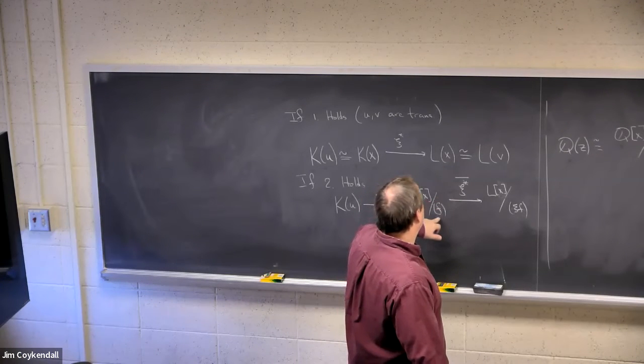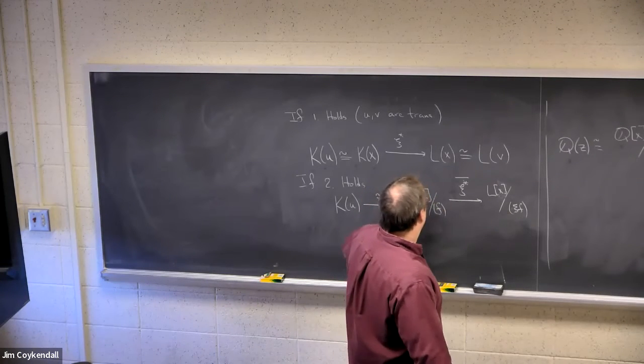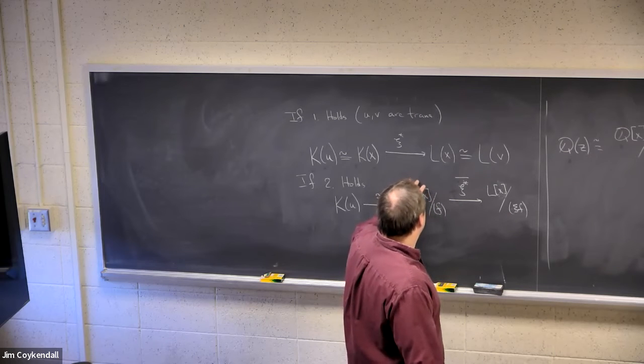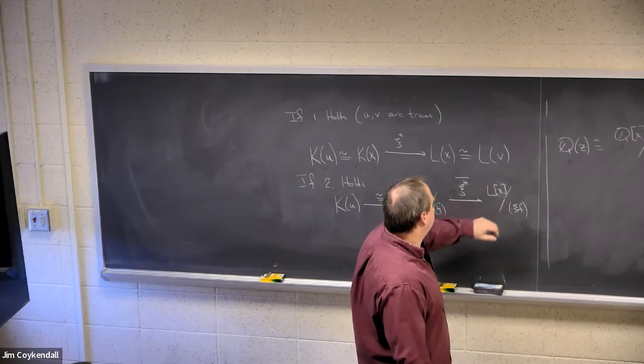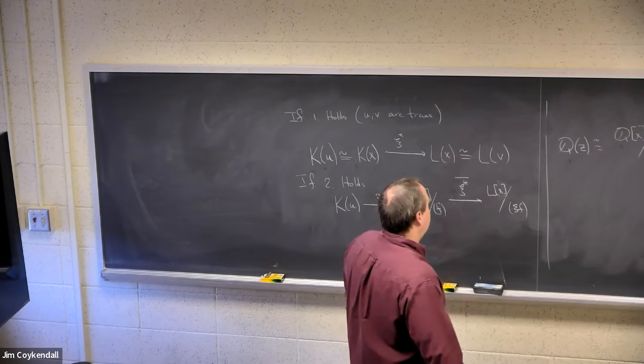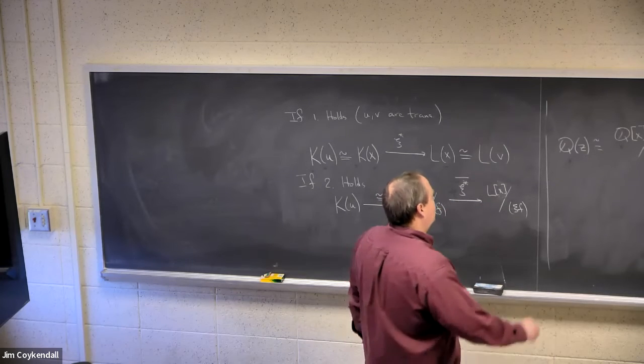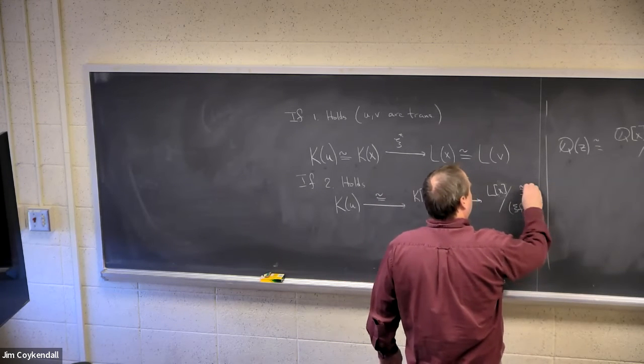Here, what we have is the image of this. Anything in the ideal generated by f is in this image here. So this gives you a well-defined homomorphism right here, which is isomorphic to L.